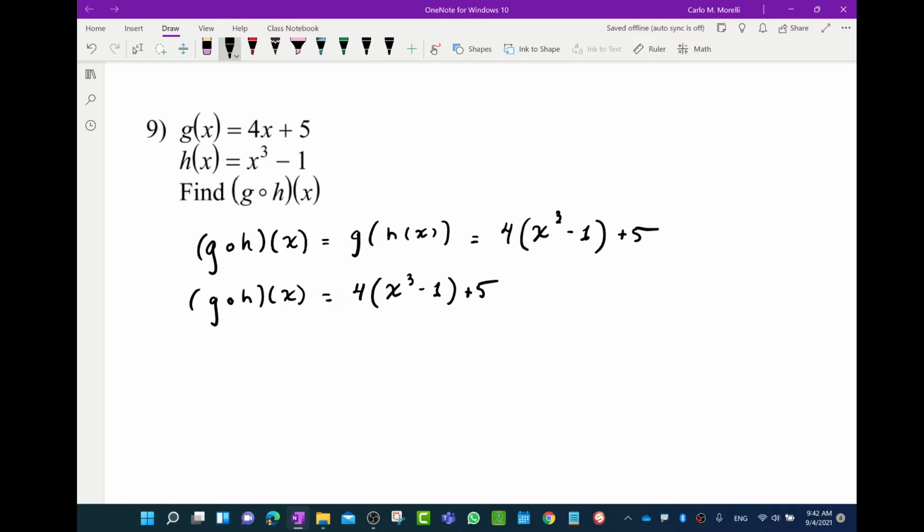So let's keep it rolling along. The composition of functions g and h of x is equal to, and now we're going to distribute 4. So we have 4x cubed minus 4 plus 5.